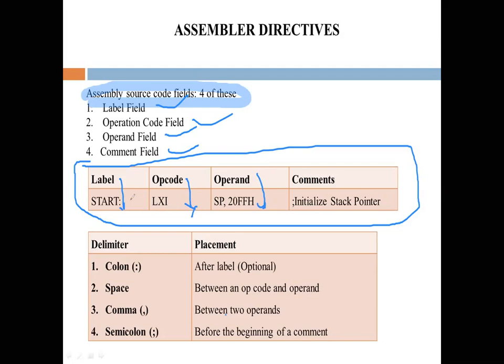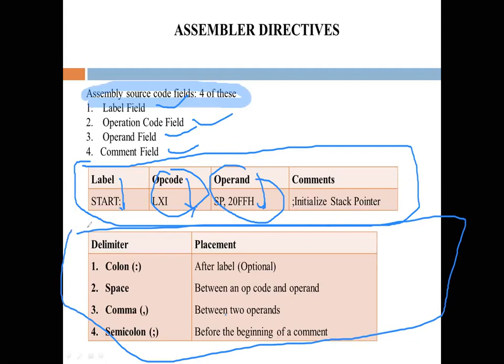Opcode means operation code, which tells which operation is to be performed, and operand is the data on which the operation is to be performed. Here some symbols which are used after label, opcode, operand, and comments are shown in this table. This symbol is called a delimiter.